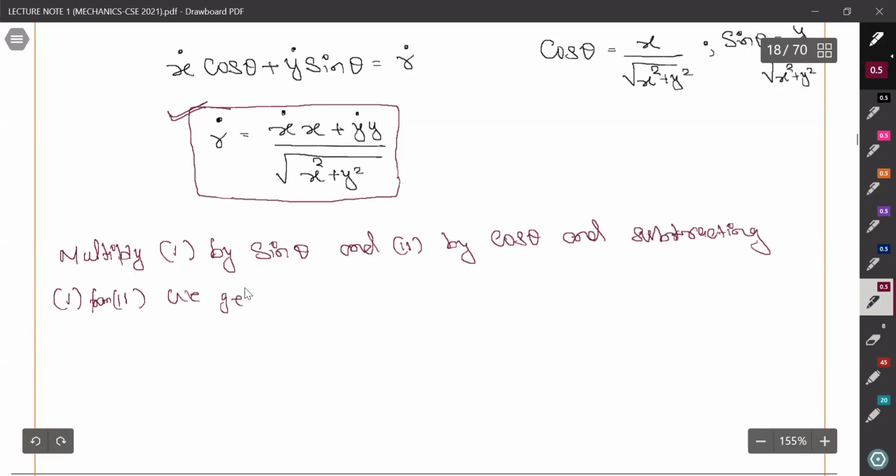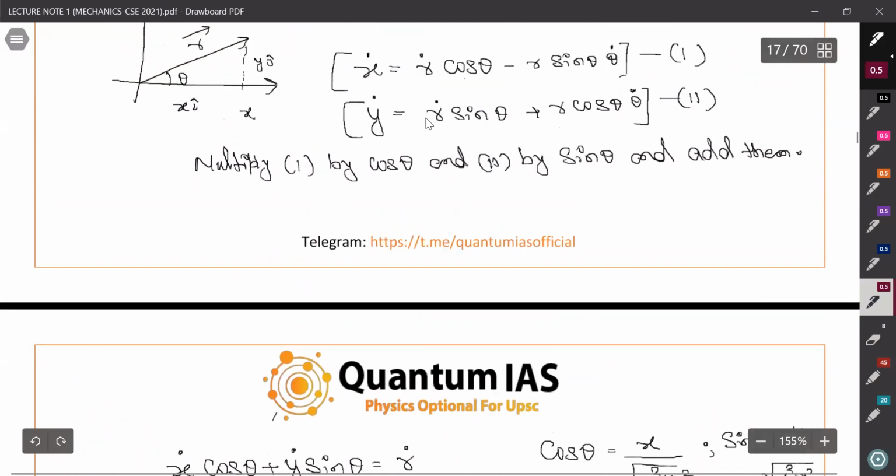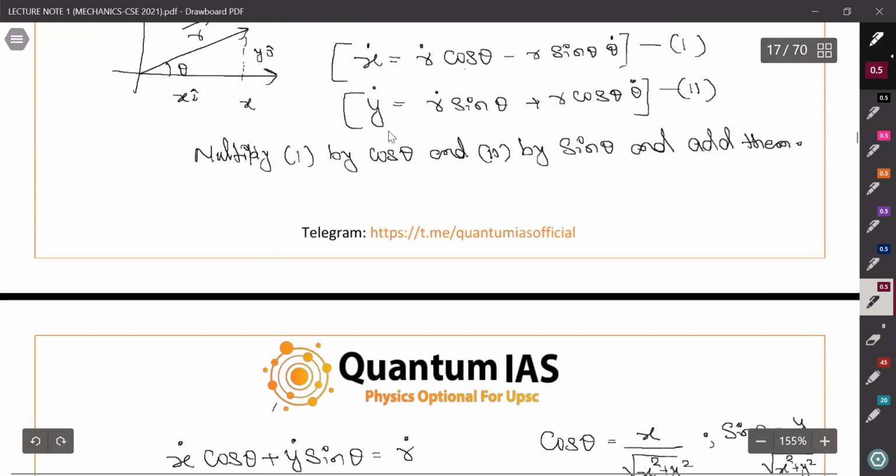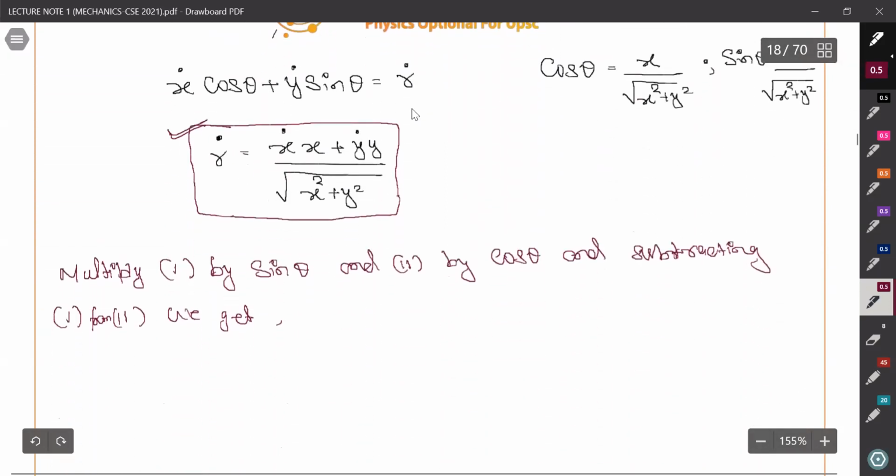What will we get? Just see this. We are multiplying the first one with sin theta and the second one with cos theta and subtracting. So we will be left with y dot cos theta. The second equation will become minus x dot sin theta. The first term of both will cancel out and this will become r theta dot. And we know that the r value is what? Square root of x square plus y square.